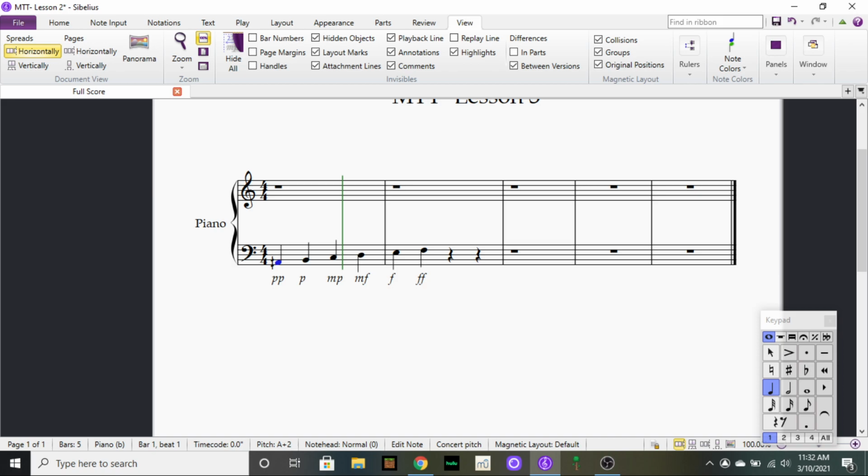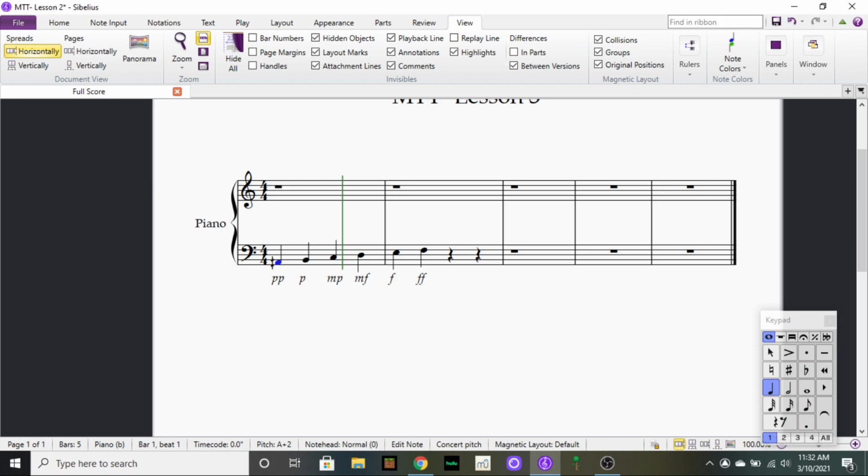So this is pianissimo, two P's. That's really soft. Piano, which is not the same thing as the instrument, but this is playing it soft. I know it's kind of confusing, but this P just means play it softer.